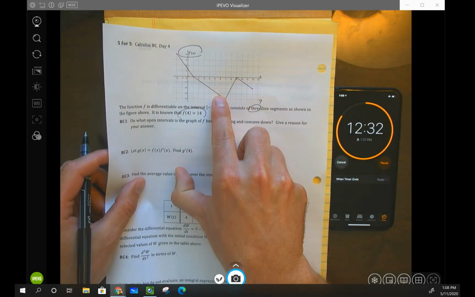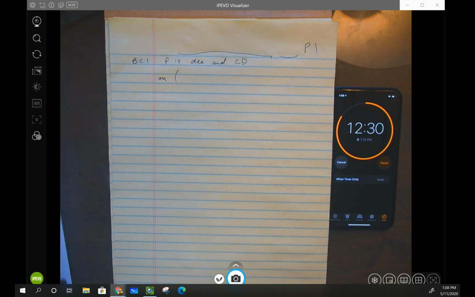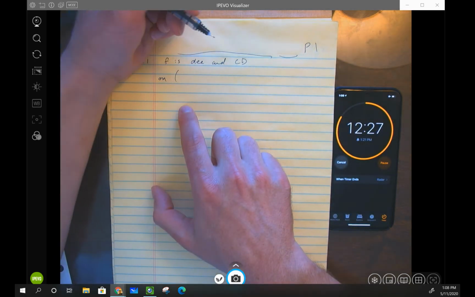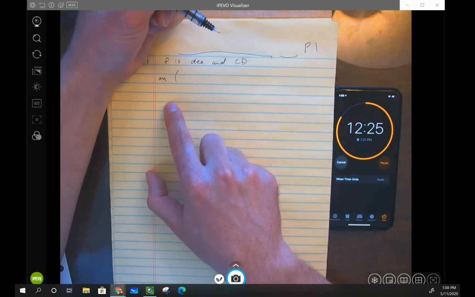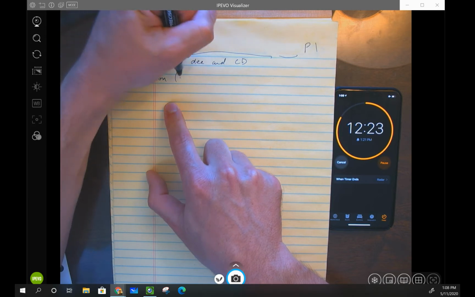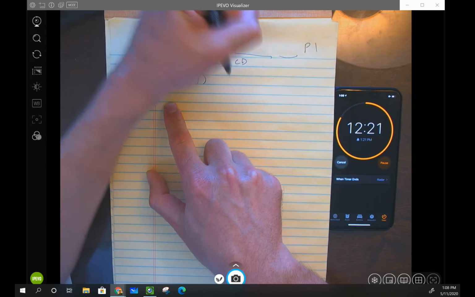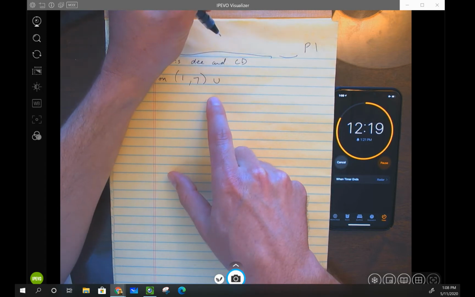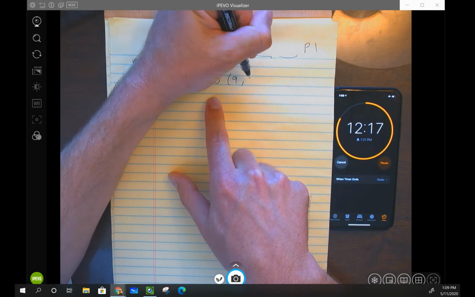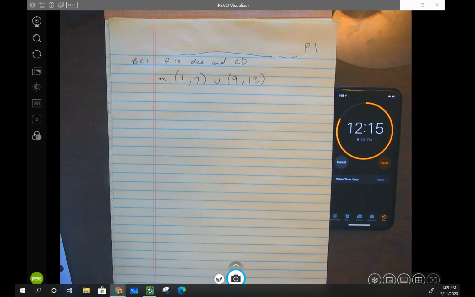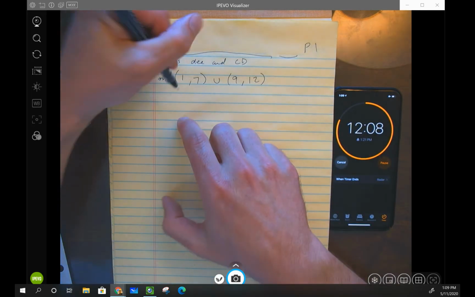All right. I think you can put brackets if you want. I like using the parentheses. So it's decreasing and concave down when f prime is negative and decreasing. That's from 1 to 7 union 9 to 12. And you could probably just write "and when x is between 9 and 12." You could use your inequality notation and all that stuff too. What is the reason?